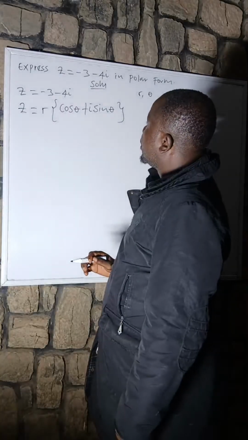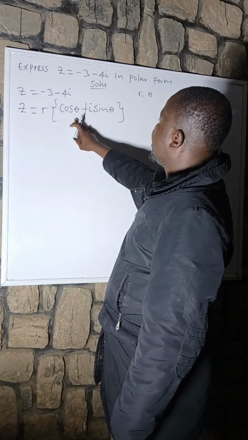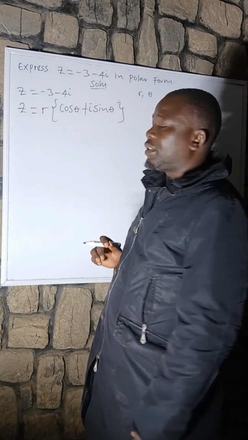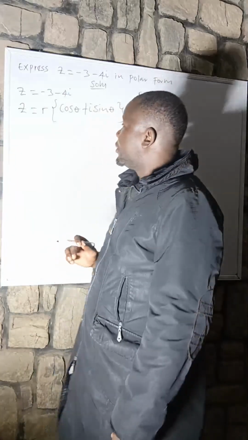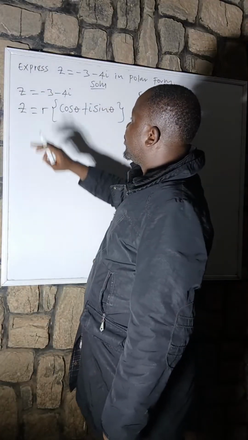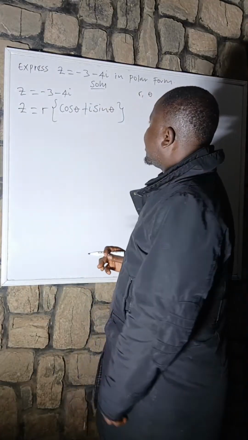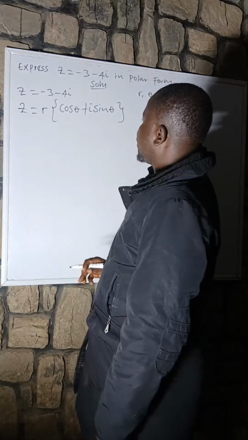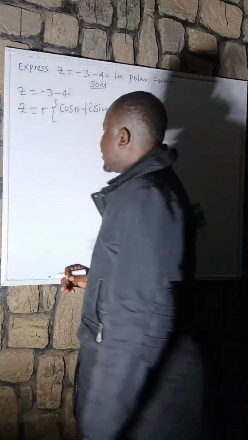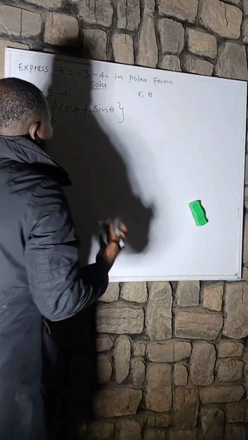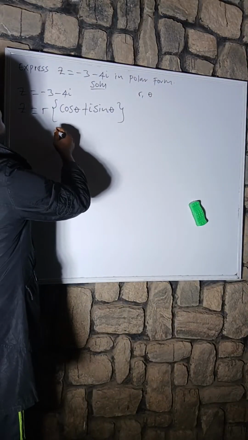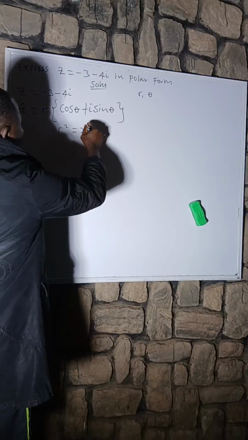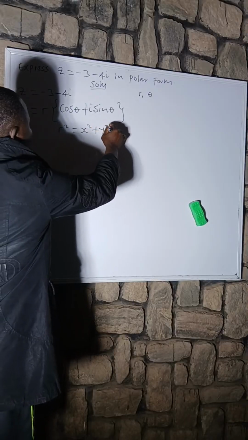Let's go back to our Pythagoras theorem. Let's recall that Pythagoras theorem is r squared equals x squared plus y squared.